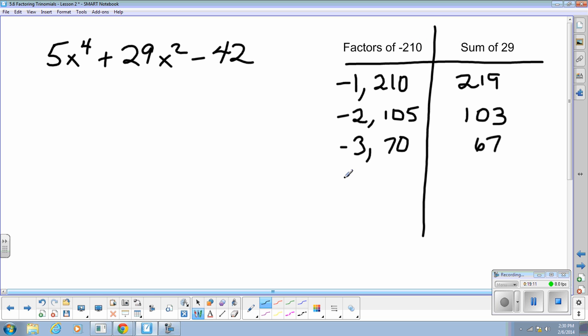I do know it's divisible by 5. So negative 5. How many do I get out of that? 21 divided by 5 is going to give me a 4 here, and then I have one extra, so it's going to be negative 5 and 42. When I add those together, I get 37. Getting closer. Let's see, does 6 work? Can I use a 6 in here?